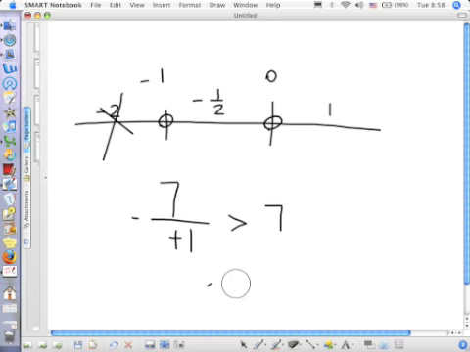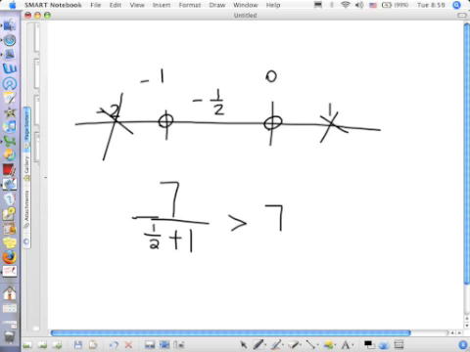Let's do 1 first because it's easier. If I use 1, coming from the very extreme right, that's 7 over 2, or 3.5, is greater than 7. Is that true? No. Now using -1/2, it's going to be in the middle. 7 divided by 3/2.